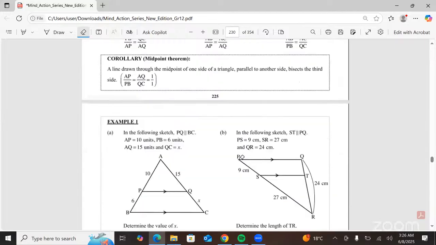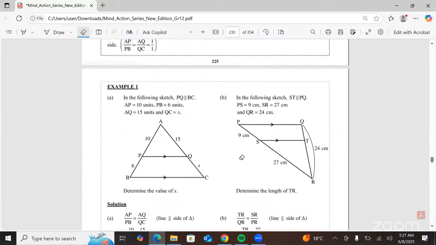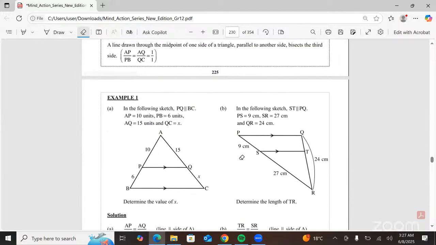Okay. Now we've got these examples here. Example one, they are saying in the following sketch, PQ is parallel to BC.